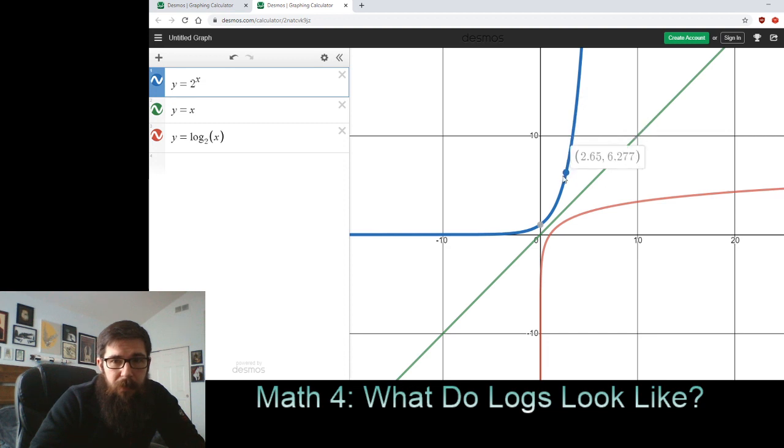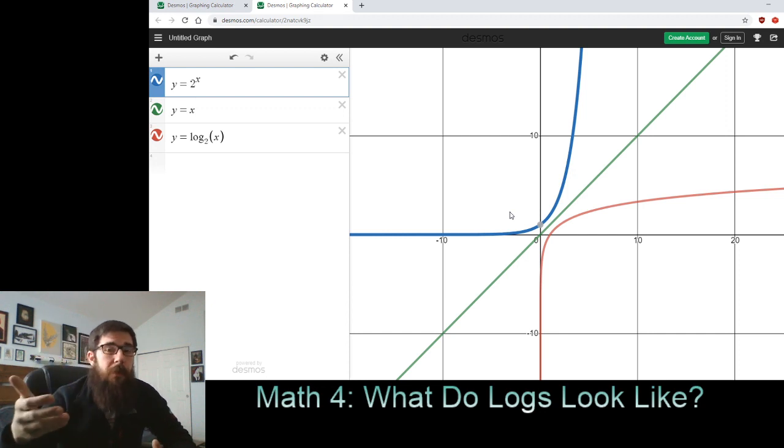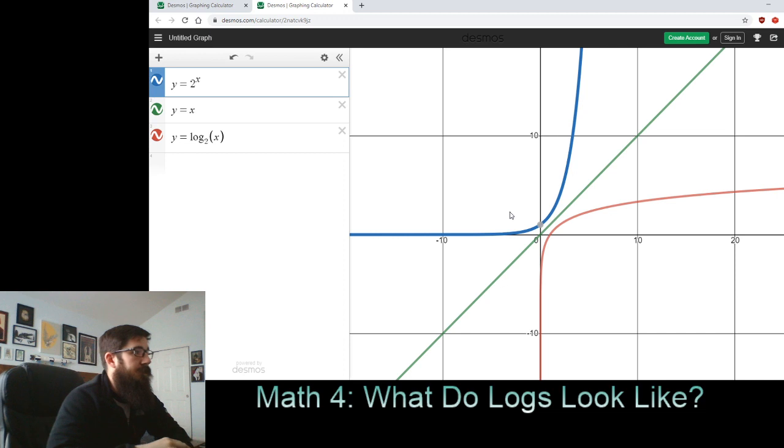Now, the range is all the y values that I can get out. Desmos is going to start to do some rounding here, but this is asymptotic. It's getting closer and closer to 0, but it's never going to hit it. So all of these numbers are positive. What's the range of that 2 to the x graph? It's all numbers greater than 0. So y is greater than 0.